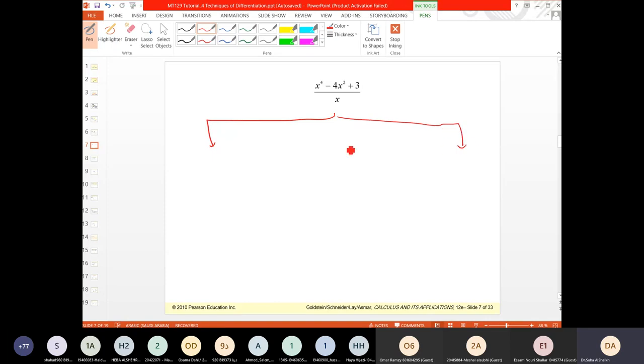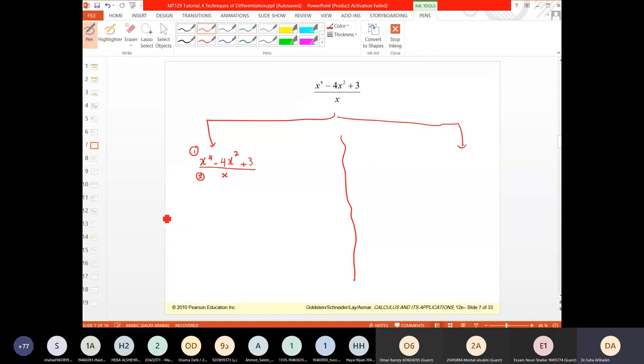The first way is by simply thinking about it as a top and a bottom. Yes Ahmed, there is a way where we divide by x and simplify it to be just a polynomial. But one way is by thinking about it as a top and bottom like I'm doing here. This is my top, I consider it as function 1, this is my bottom, I consider it as function 2, and this is a division.